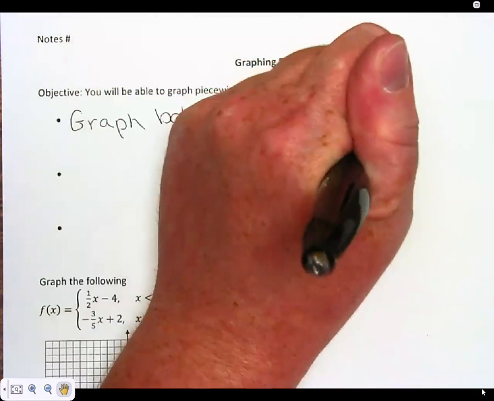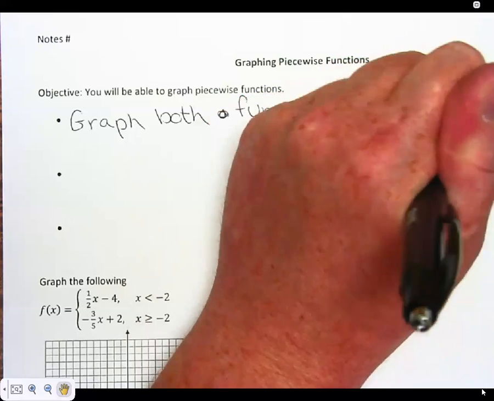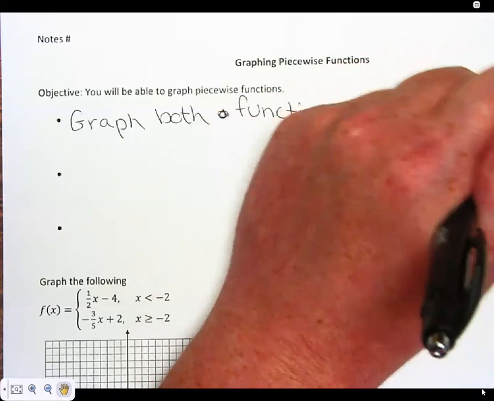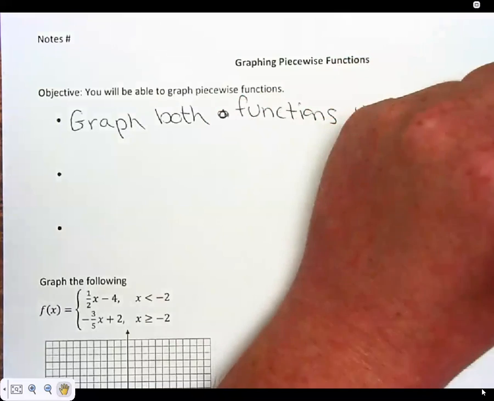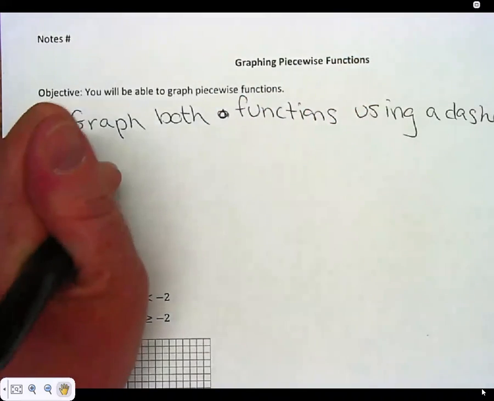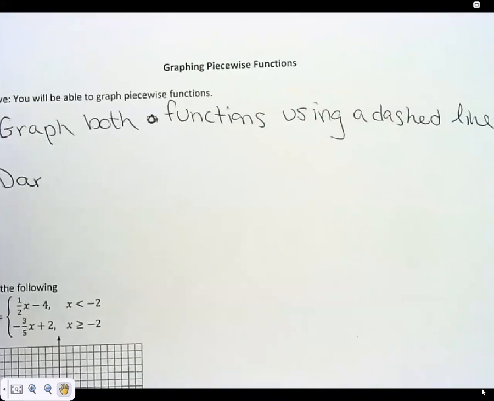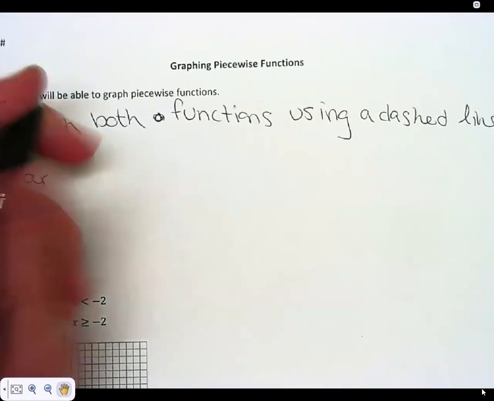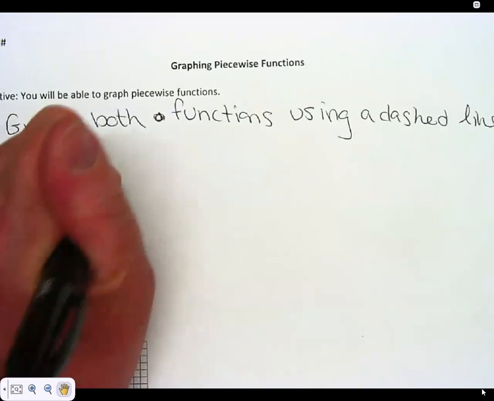Using a dashed line, graph both functions. Then you need to darken in the interval you need.